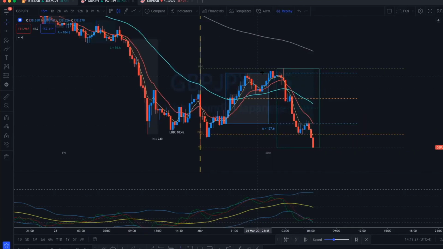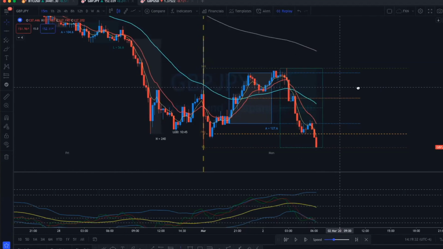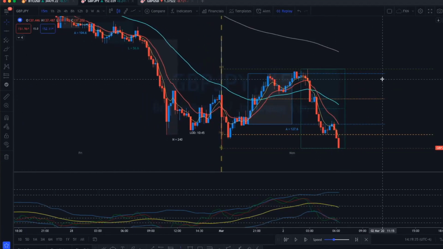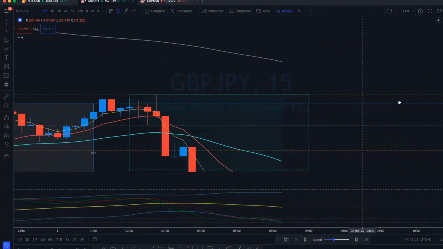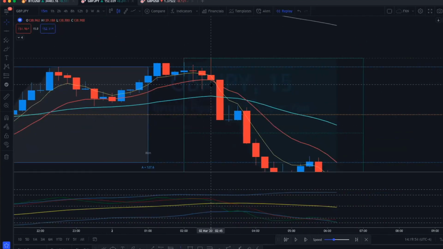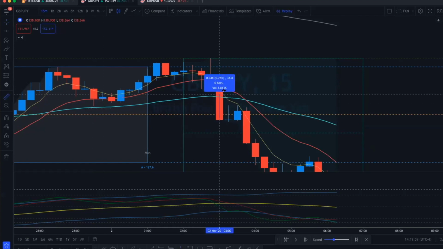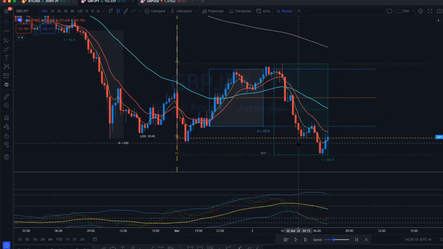Yeah, I mean, you didn't have a good entry here though, because you could have a first leg here, a second leg here, but where are you going to enter? This doesn't really close below it. It's not until this one. This candle's too big. Yeah, it's like a 50 pip candle. There's like no way. So that would have been the move in London.